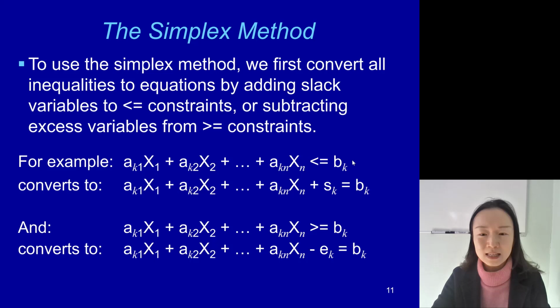So for this less than or equal to constraint, we add a slack variable to make it an equality.